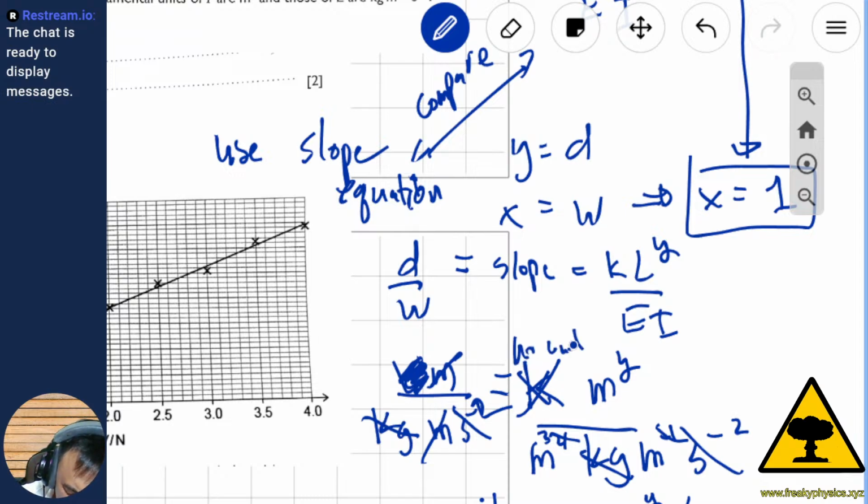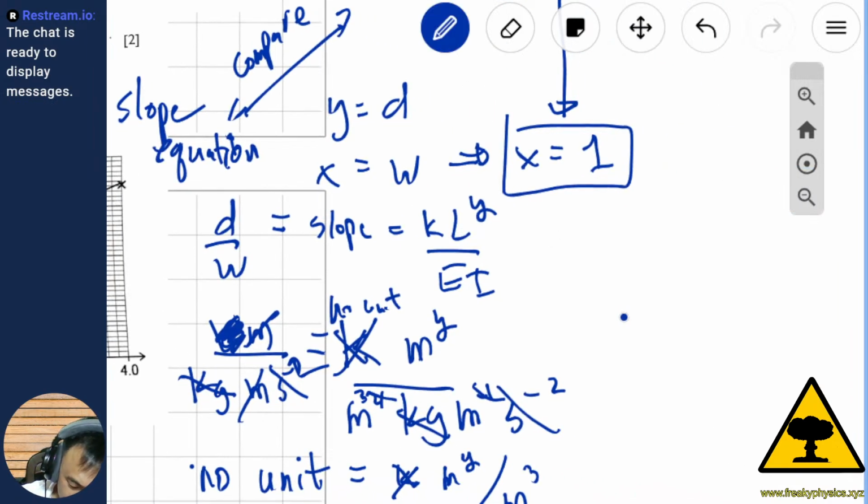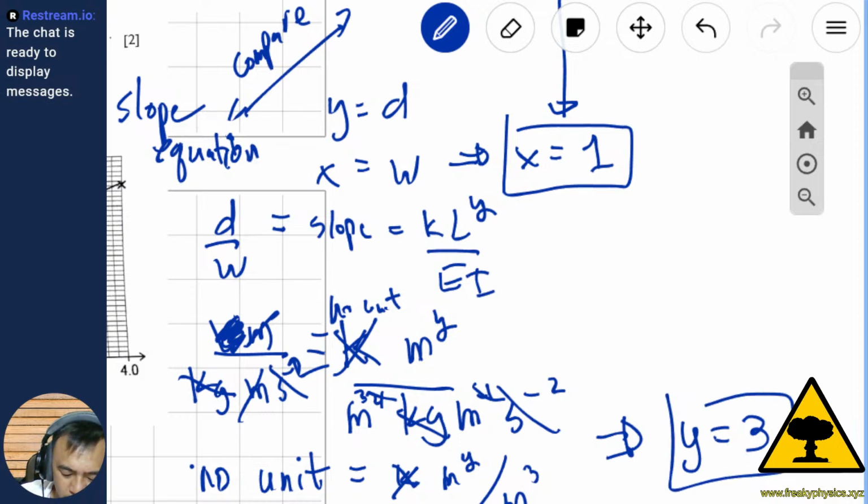So no unit gives you no unit, so what does y equal? Y equals 3, because that's the only way that meter raised to y and meter cube cancel out, giving you no unit.